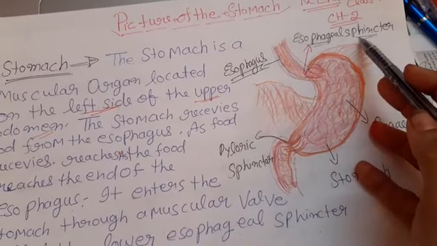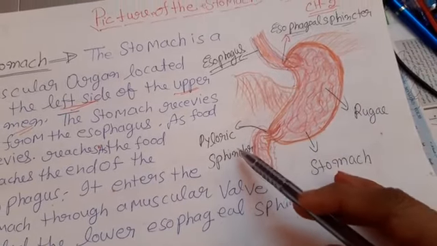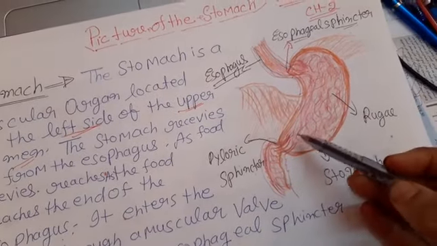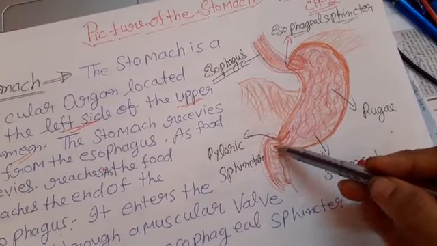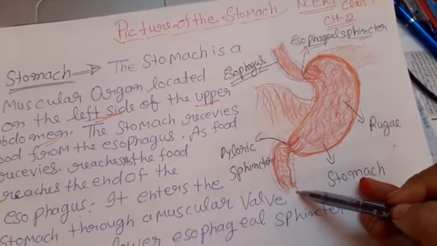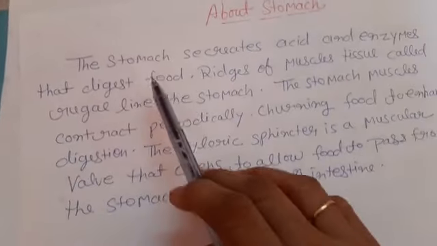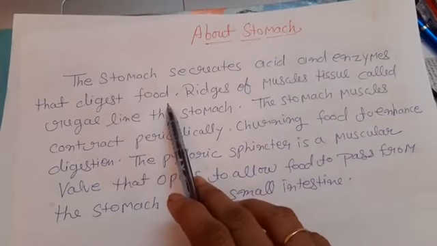This is the pyloric sphincter, where food comes from the stomach and reaches the small intestine.